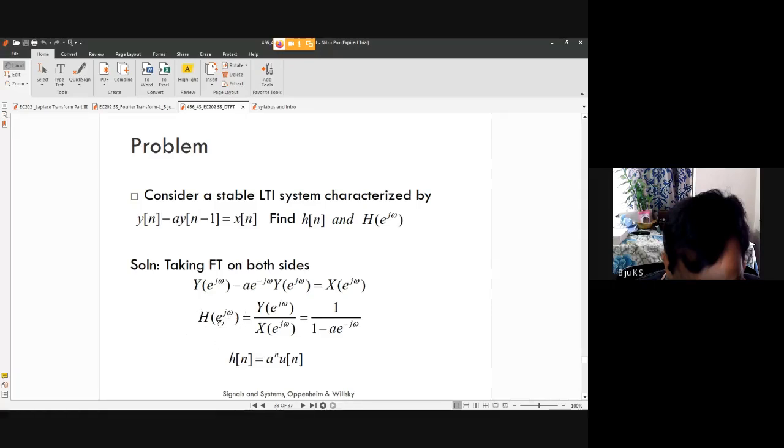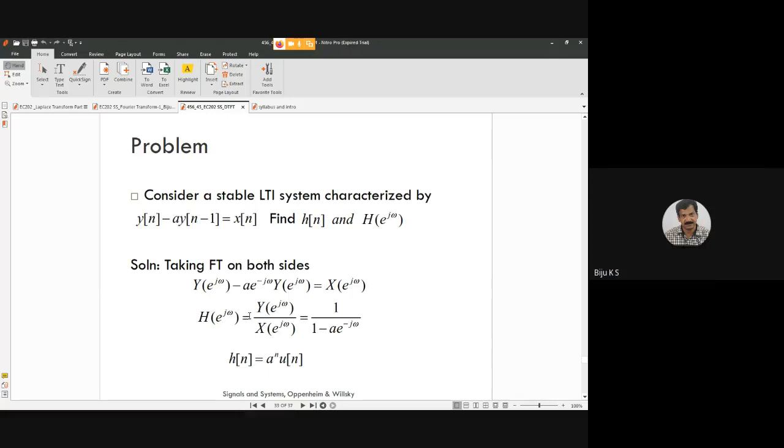Then we can apply different values of omega and get the values at each omega. The omega can be varying from 0 to infinity, like that.